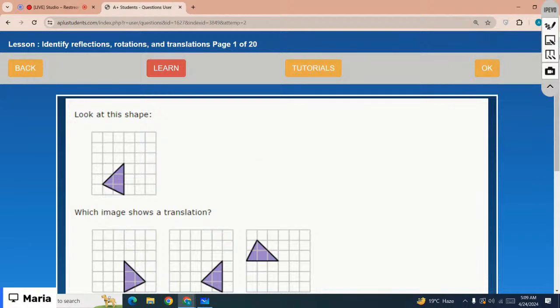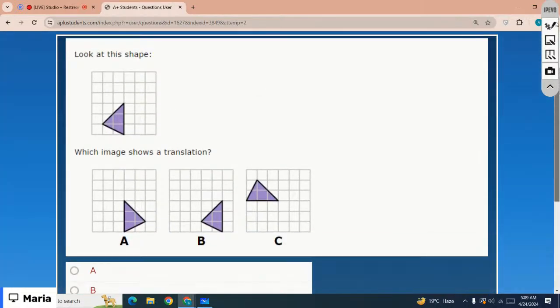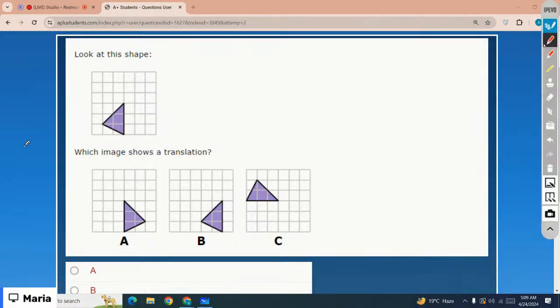Look at this image shape. Which image is the translation? Just look at this one and this one. A is the reflection. If you see, these 2 points are the same, just the rotated image. So A is the reflection.